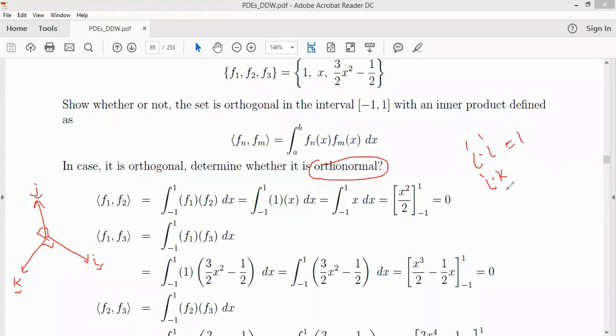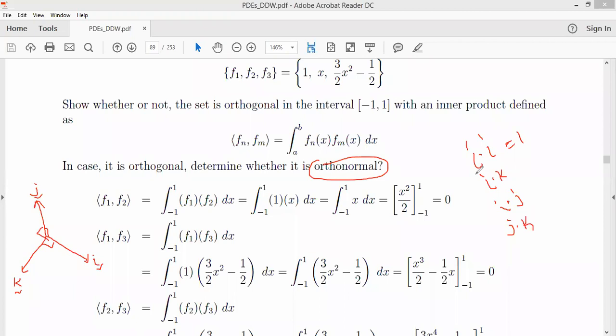For a 0, you can have i dot k, you can have i dot j, and you can have j dot k.